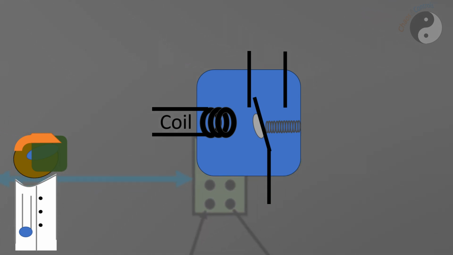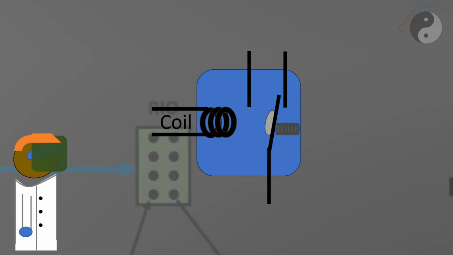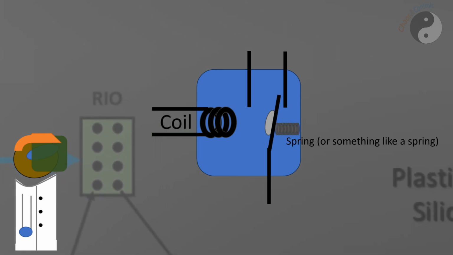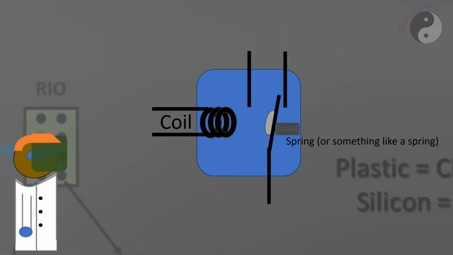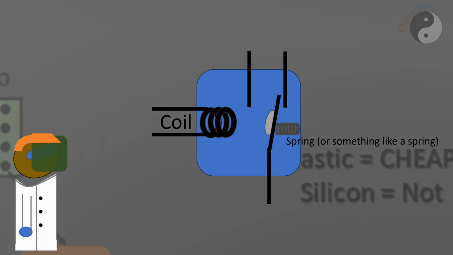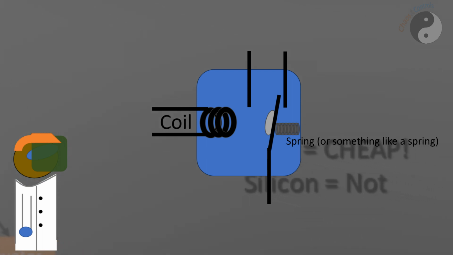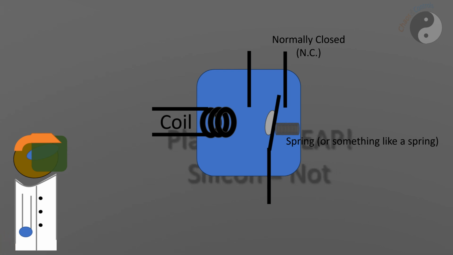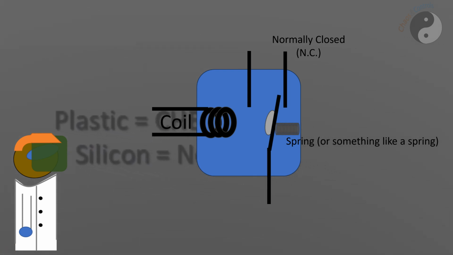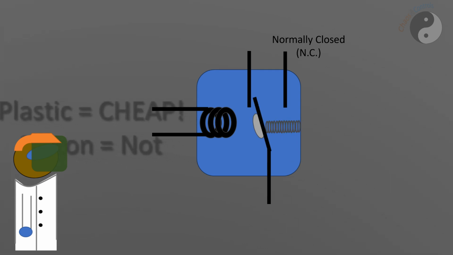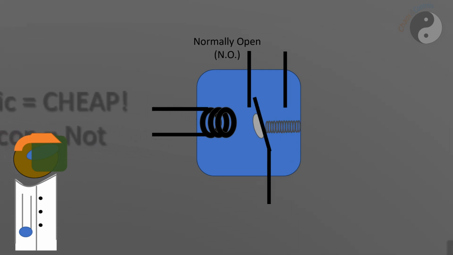And so when I don't have an energized coil, there's a little spring-loaded mechanism that is on that lever, and whichever way the electricity is going, that is said to be normally closed, because the lever is closed down on that side. The opposite side that's not seeing connectivity is said to be normally open.